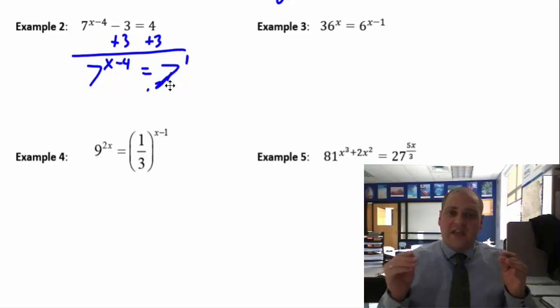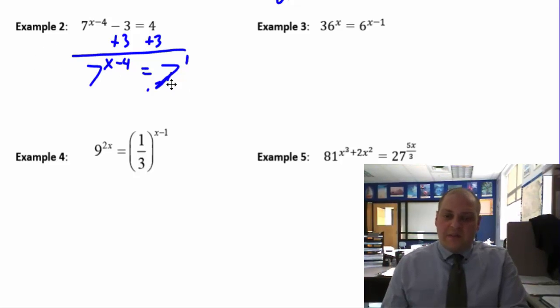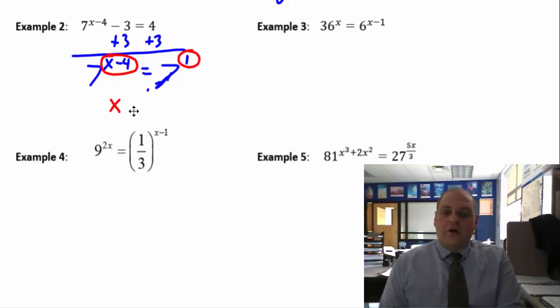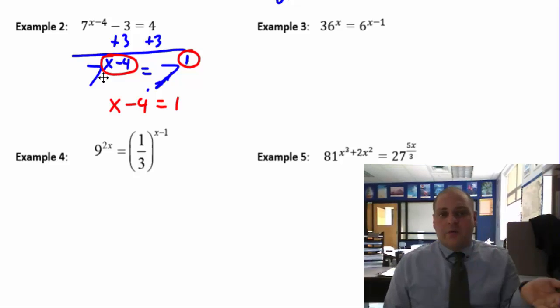I already have the same base. So all I'm going to do is take my exponents, x minus 4 and 1, and set those equal to each other. X minus 4 equals 1. I can ignore the 7s because I already know 7 equals 7.